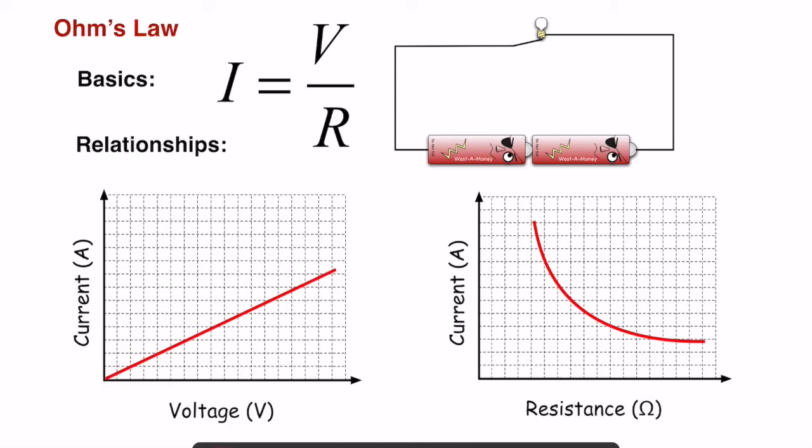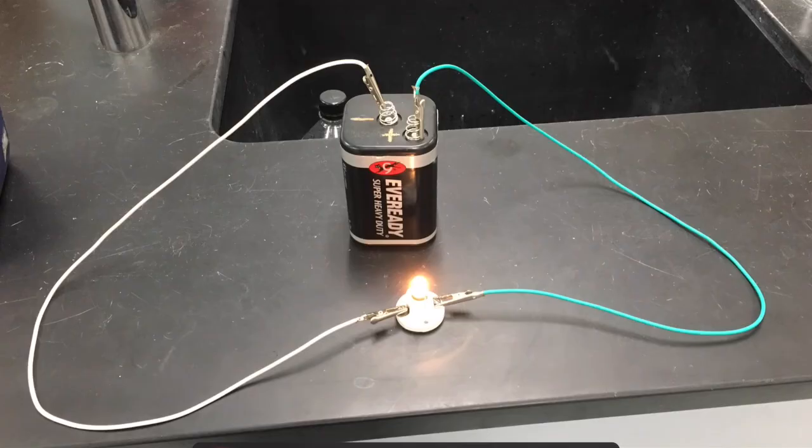I want to remind you of Ohm's Law, which relates our three variables together. It says the current that is coming out of the batteries and flowing through our circuit is equal to the voltage of the batteries divided by the resistance of the light bulb. So if we have more voltage, we get more current. If we have more resistance, we get less current.